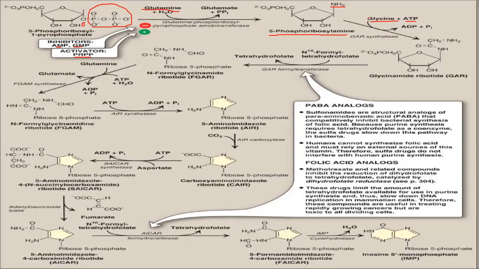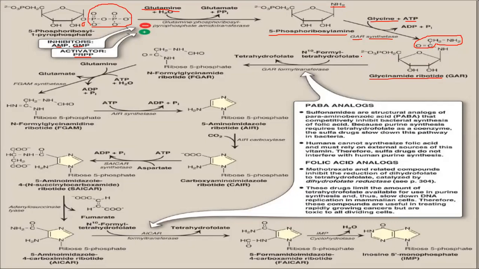We take a portion of glycine, this one, and add it to the amine group there. This reaction is catalyzed by the glycinamide ribonucleotide synthetase. Please note that. The compound formed is now glycinamide ribonucleotide, also known as the ribotide.